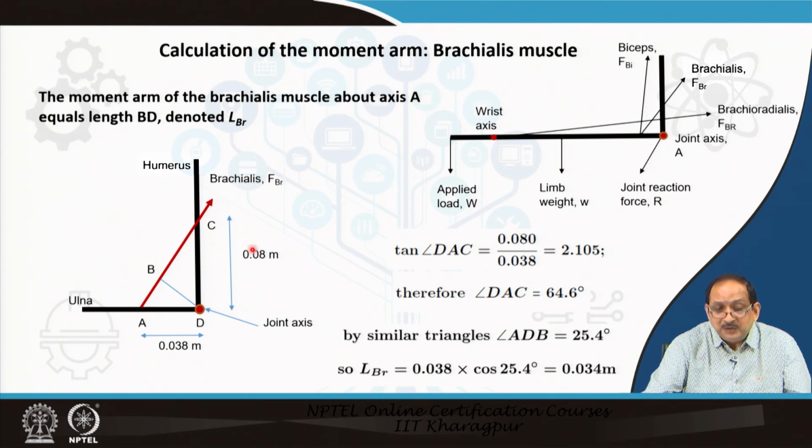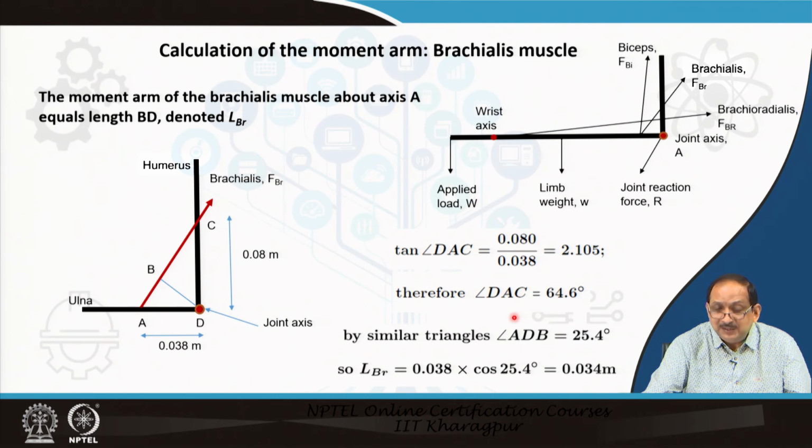Considering the given geometric data, we can calculate the angle DAC as 64.6 degrees, considering tan of the angle DAC and the dimensions given.